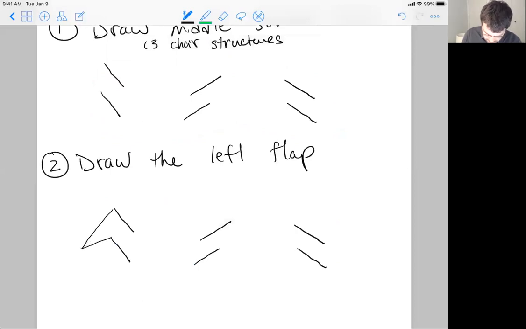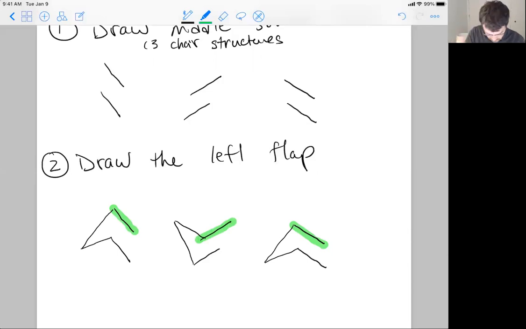Now a flap should connect the right two lines, and the top line in each case is going to kind of define the opposite direction of where the flap is going to be pointed.